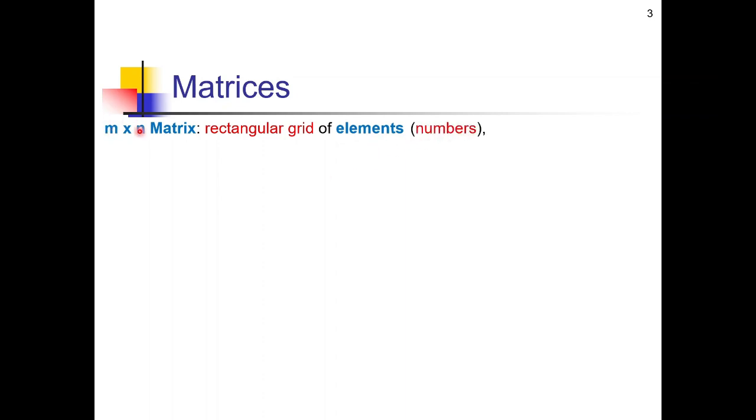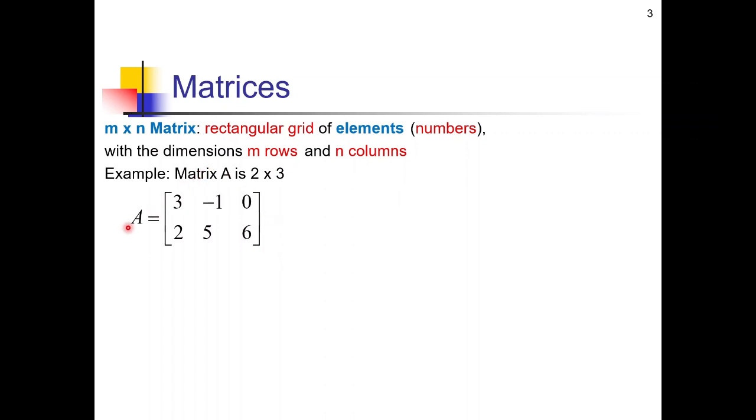And this M by N business means that we have M rows and N columns. And that's how these are always written out. So for example, matrix A down here is a 2 by 3 matrix because we have 2 rows and 3 columns. So it's always important to note which is which here between rows and columns.